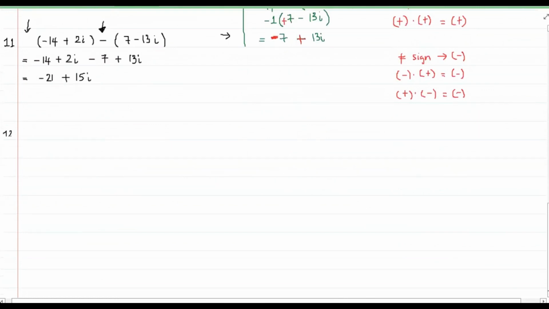All right, number 12. We have 4 plus 7i add 5 minus 3i minus negative 11 minus 6i.